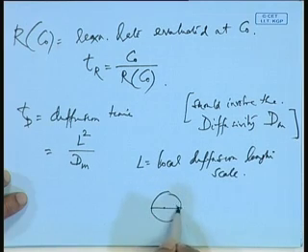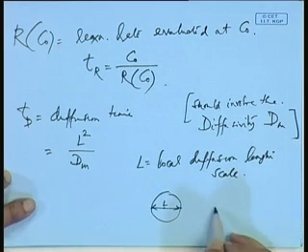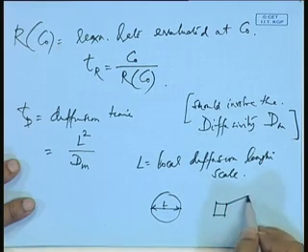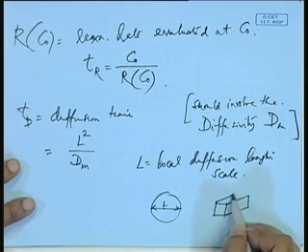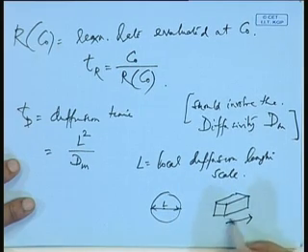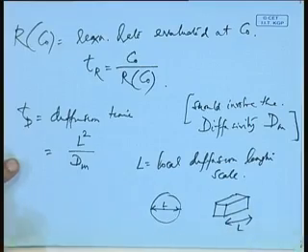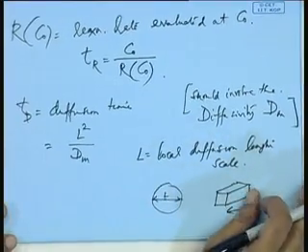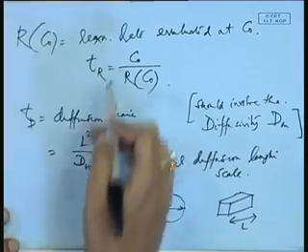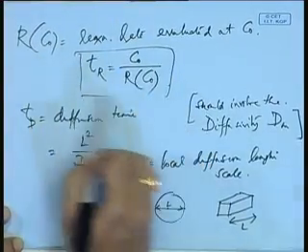You can just use the diameter if you want. If you have a catalyst pellet which is like a slab, then L is the distance along which it diffuses. Okay. So, T_R you got as this.